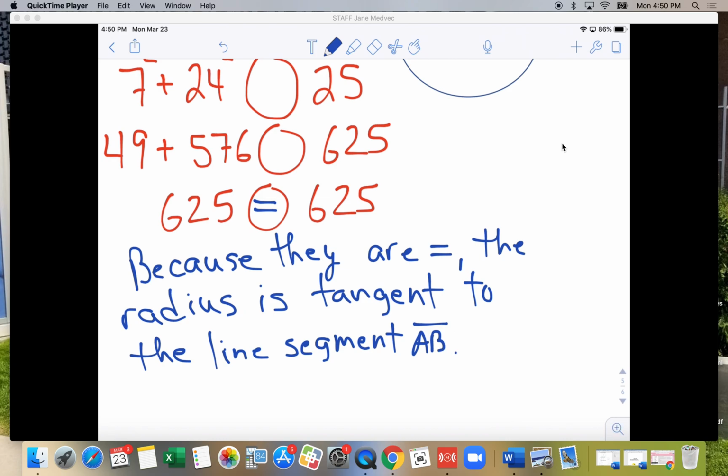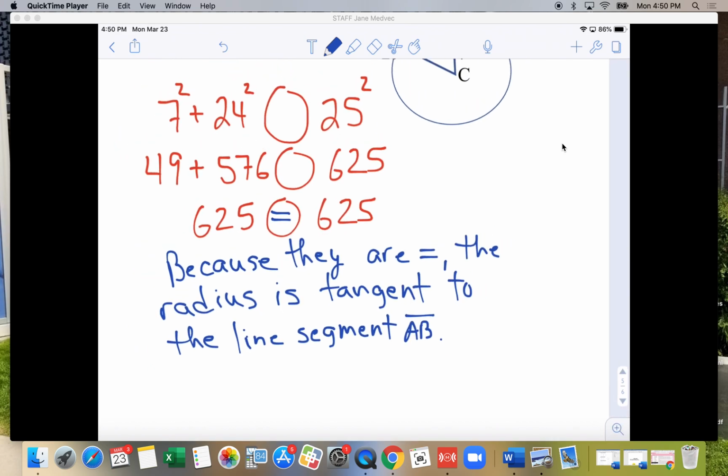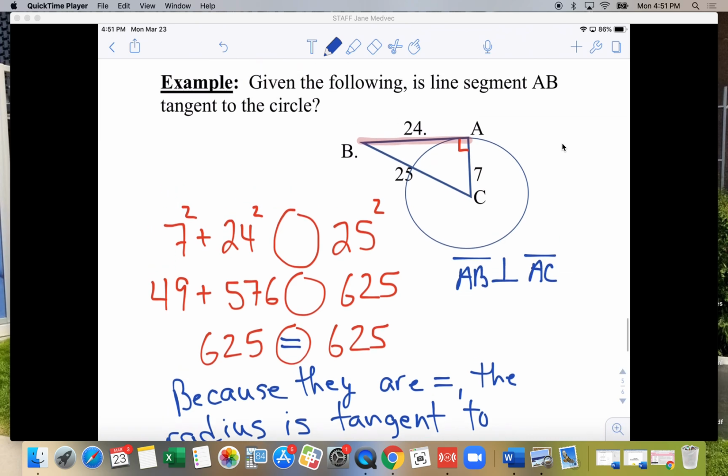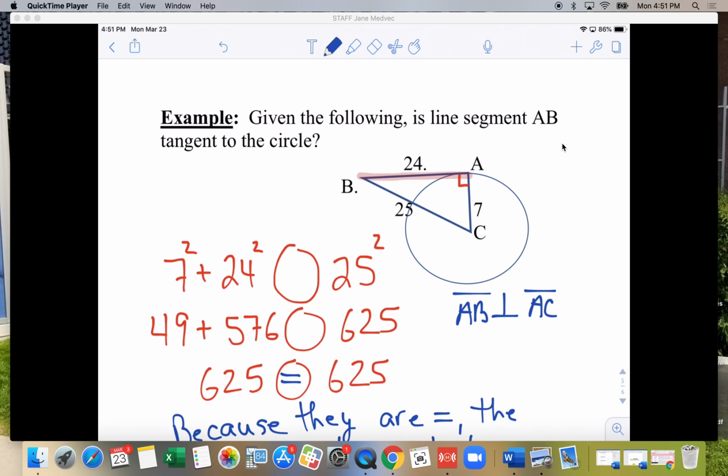Okay, so it is tangent to line segment AB, which means that AB is perpendicular to AC, which makes it tangent. So it's yes. If it's not equal, then they're not tangent.